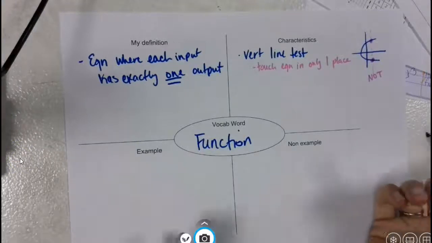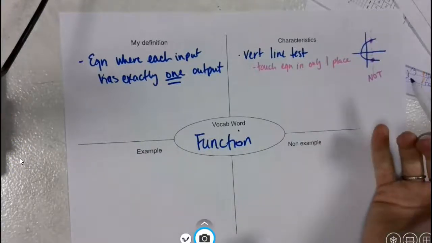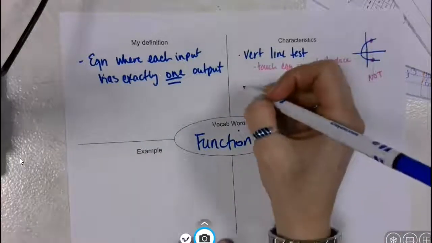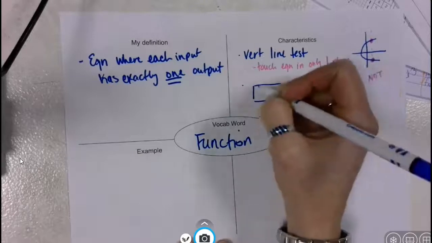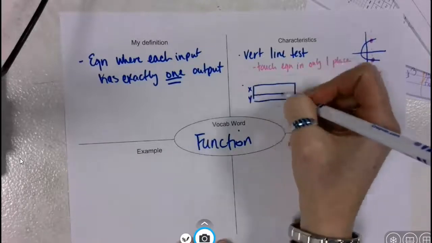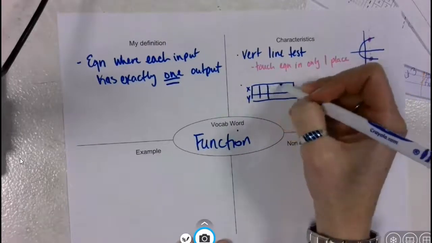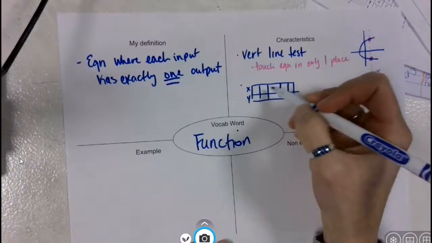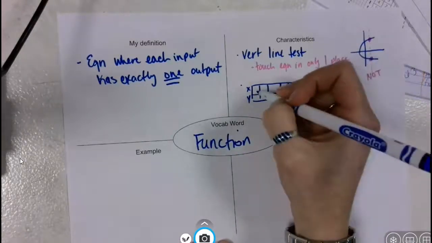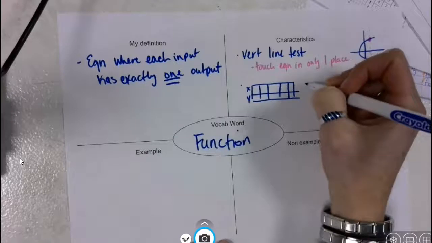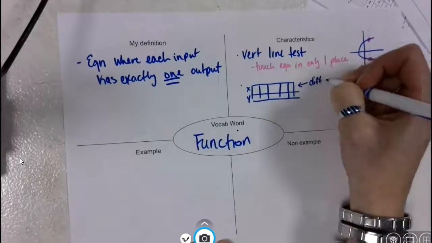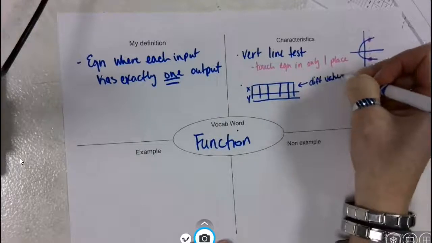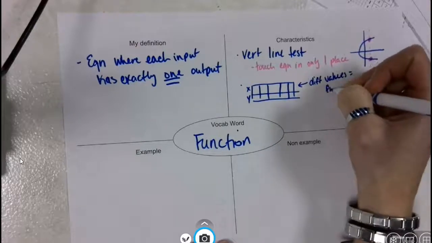Well, what if I'm not given the graph? What if I'm given like a table, for example? So let's look at the table for here. So I've got some x values and some y values. So what I really want to look at is, when I'm looking at my x values, if I have different x values, that's a function.